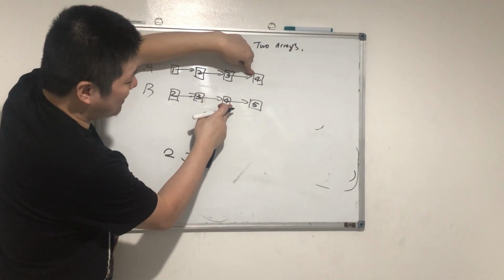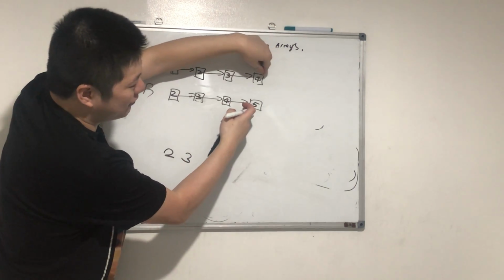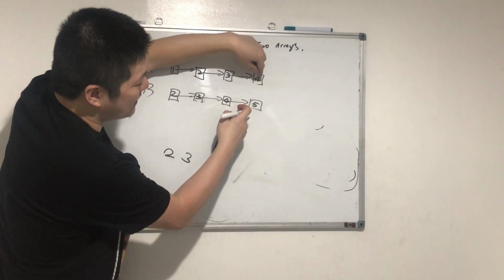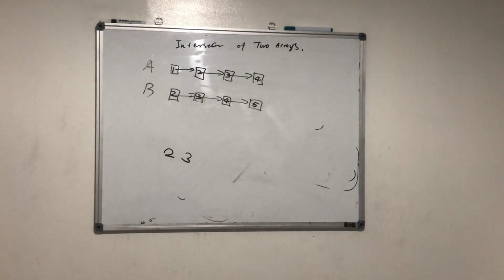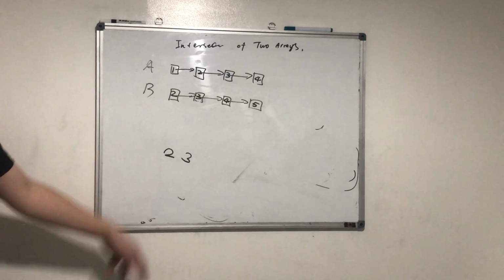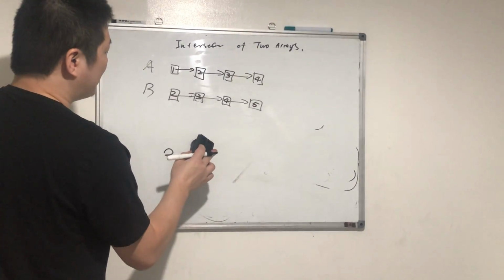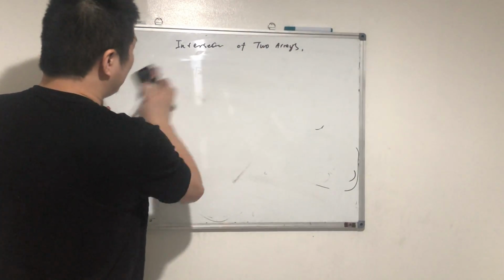And when any of these is beyond the end, then we call the end. So it's two pointers, like 2 and 3, so we can apply the numbers.